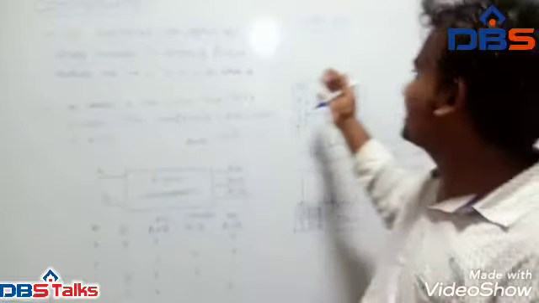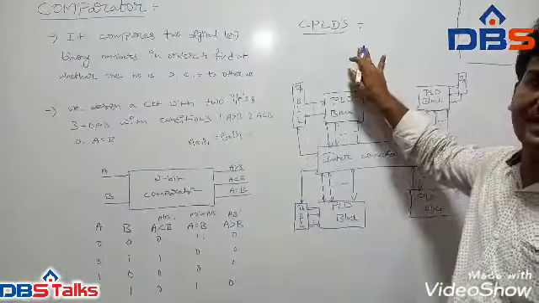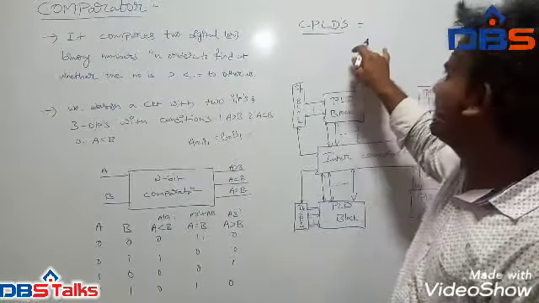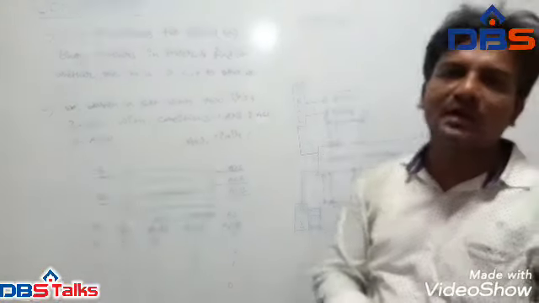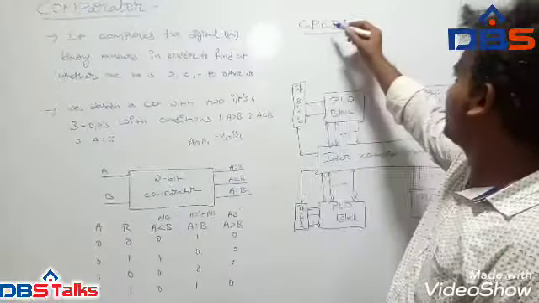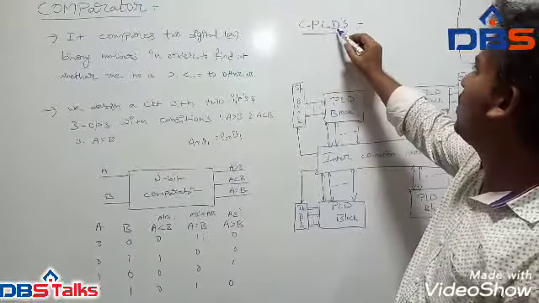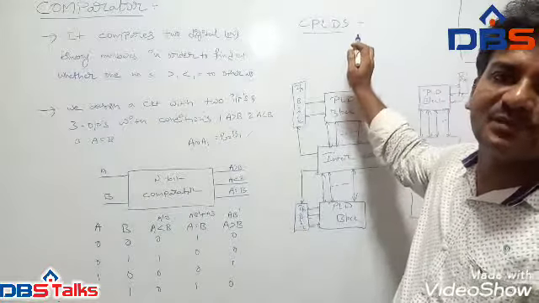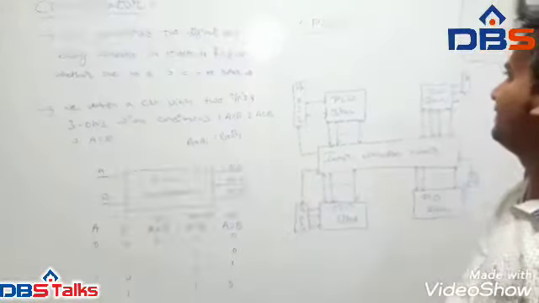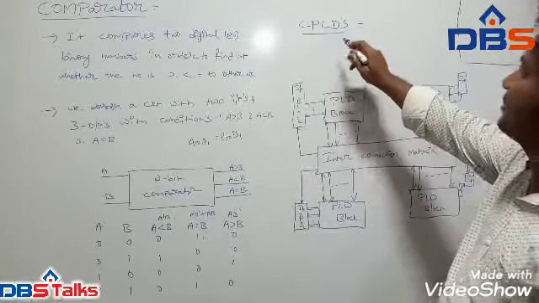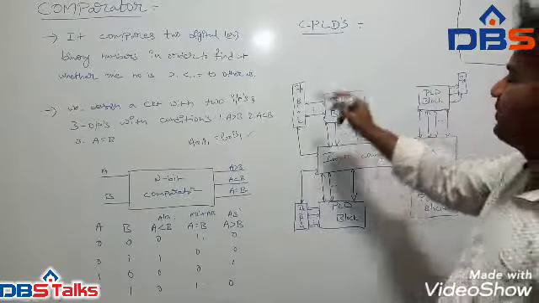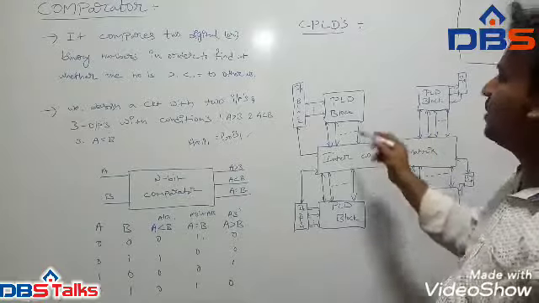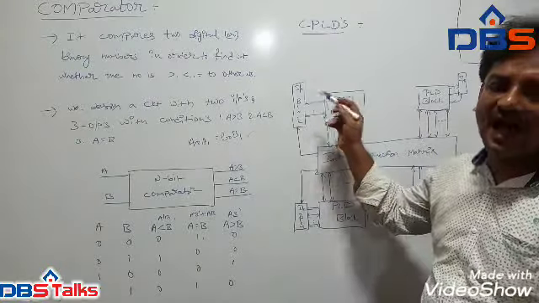So next I will explain another type of circuit, that is CPLDs, complex programmable logic devices. It is one type of PLDs, programmable logic devices. In this complex programmable logic device, we mainly have 4 PLD blocks and the input and IO blocks.